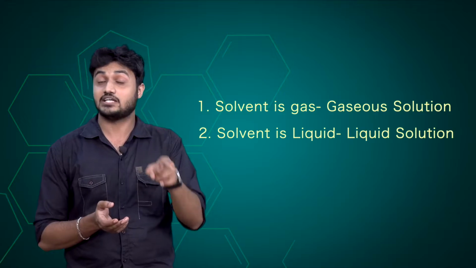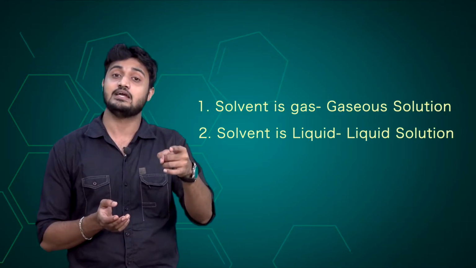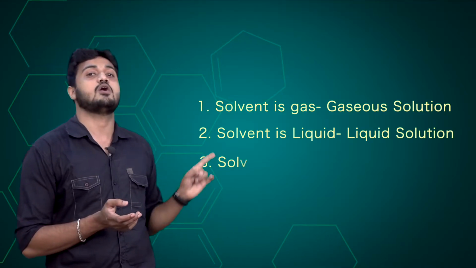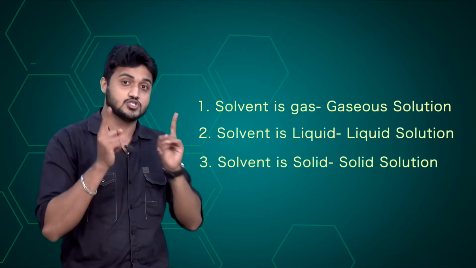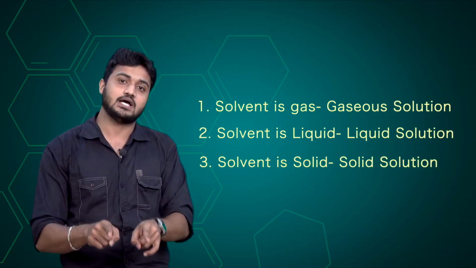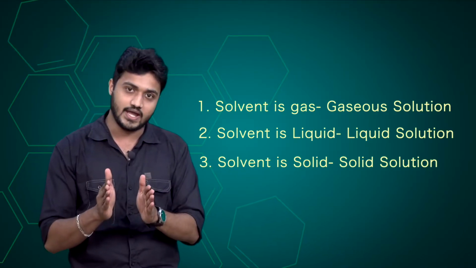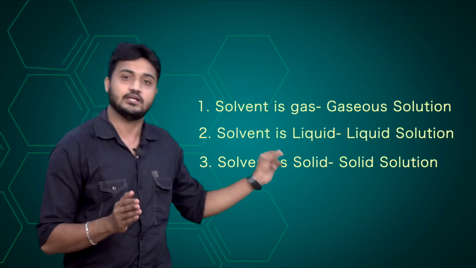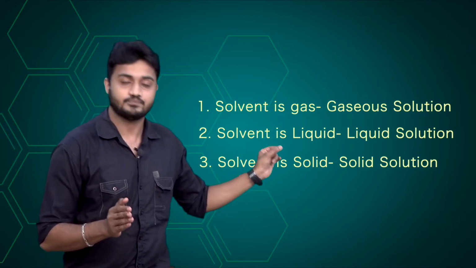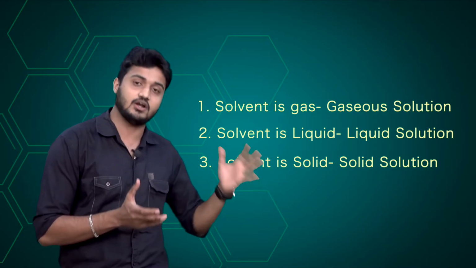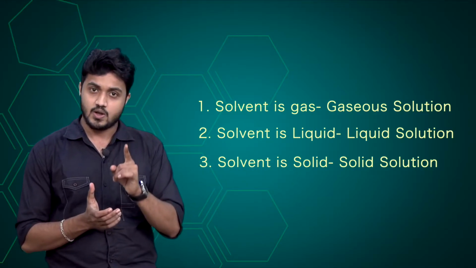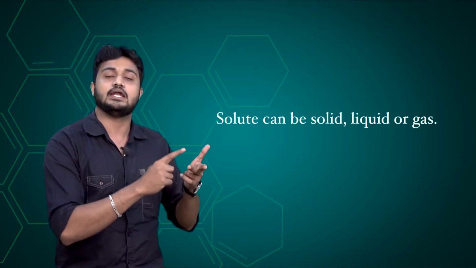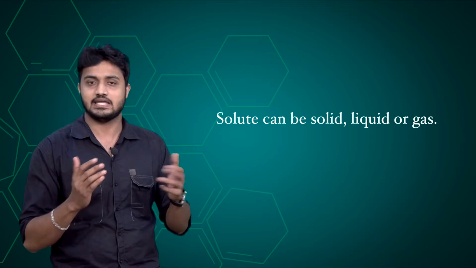If the solvent exists in solid state, it is called a solid solution. So based on the nature of solvent, we can say it is a gaseous, liquid or solid solution. One thing you have to remember: solute can be solid, liquid or gas.